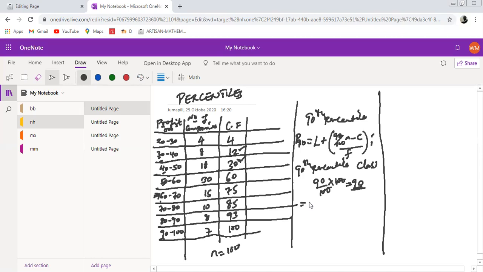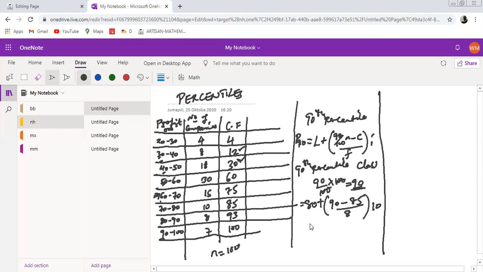L is 80 plus 90 over 100 times N, which we calculated to be 90, minus C, the cumulative frequency above it, which is 85, over the frequency of this class, which is 8, and then we multiply by 10, which is the class interval.